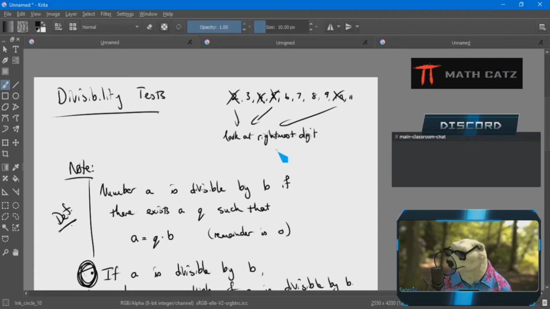I don't want to just blindly memorize these tests so that I can use them. I want to have a number sense. I want to have a sense of what makes 4 different from 2 and 5 and all these numbers. They're all different in some way, and some of them are similar and some of them are not. And why is that? Just have a sense. And if you want to dig deeper, of course, then you can.